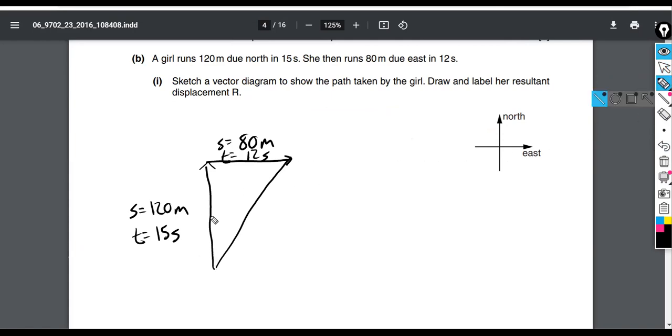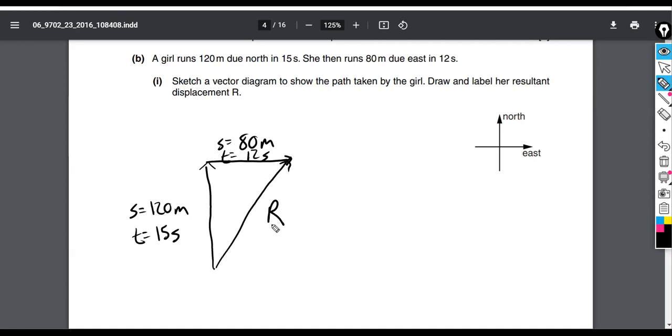So we're adding this displacement to this displacement. And the rule for adding two vectors in general is this: place the vectors head to tail and draw a line connecting the tail of the first vector to the head of the last vector. If you're only adding two, it's just the tail of the first vector to the head of the second vector, connecting those dots. That's your resultant R. Resultant is just the sum of the vector addition.